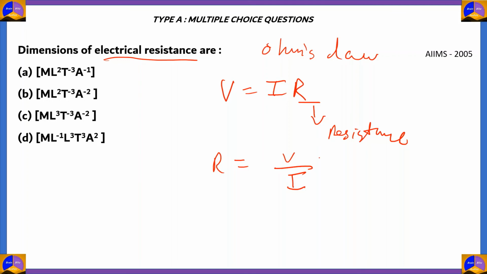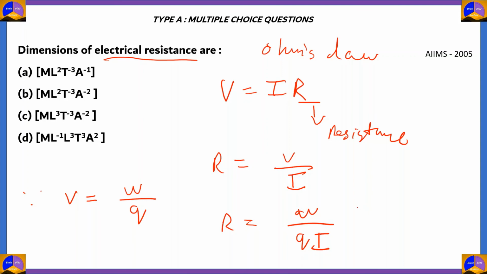But we need to convert it into something which we can express in dimensions M, L, T, and A. So how do we do it? Now, since the potential is equal to work divided by charge, we can write R as W divided by QI.